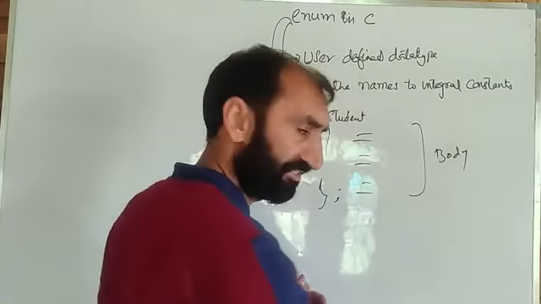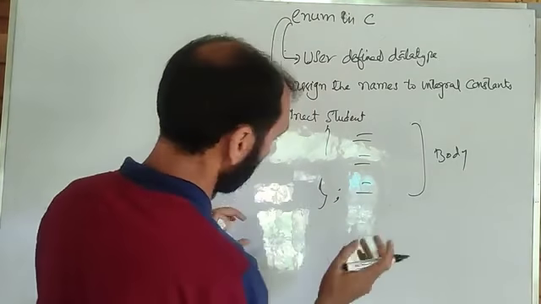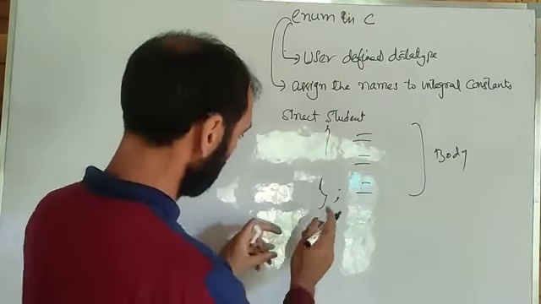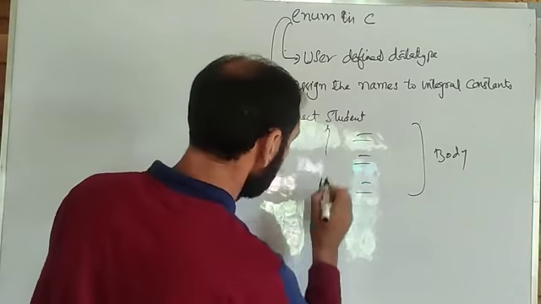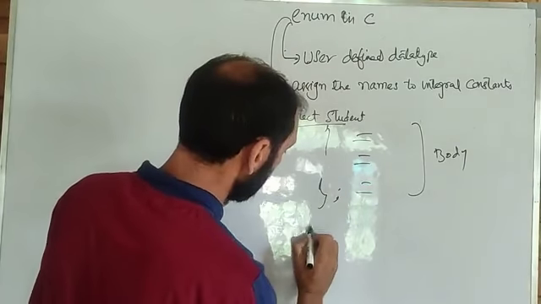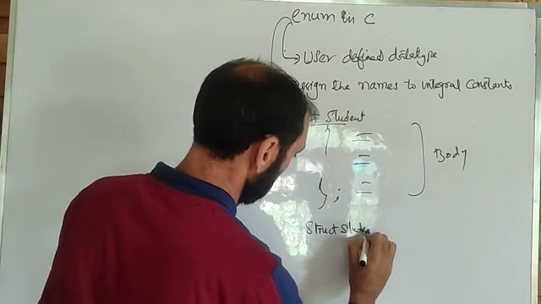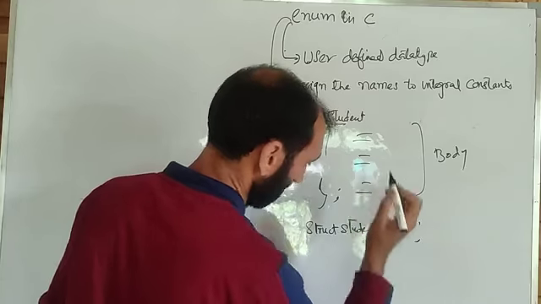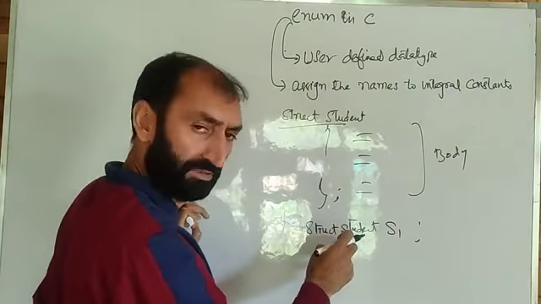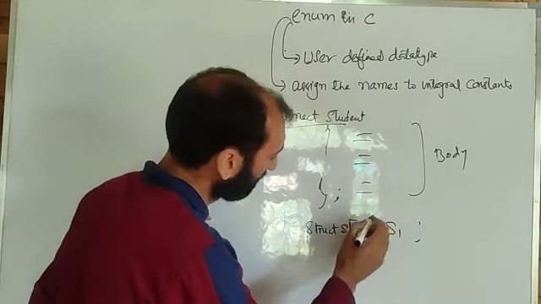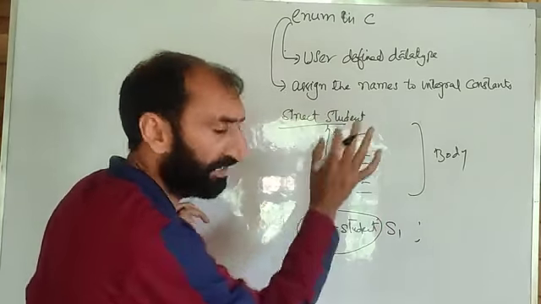We have already discussed structures in the previous videos and uploaded that video. Later, if we want to declare a variable of this structure, we write the complete struct student, for example S1. So S1 is the variable of struct student type. Here complete struct student is the user-defined data type.